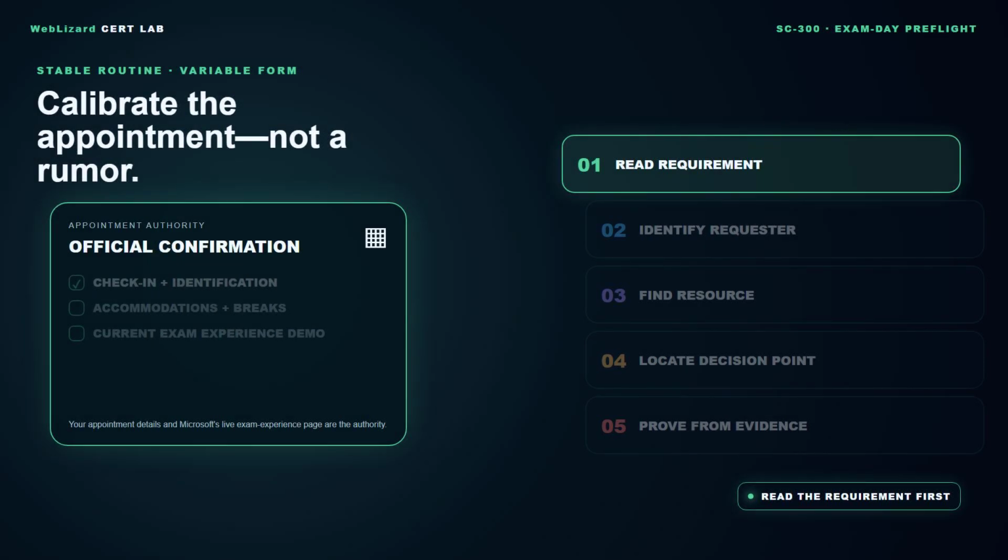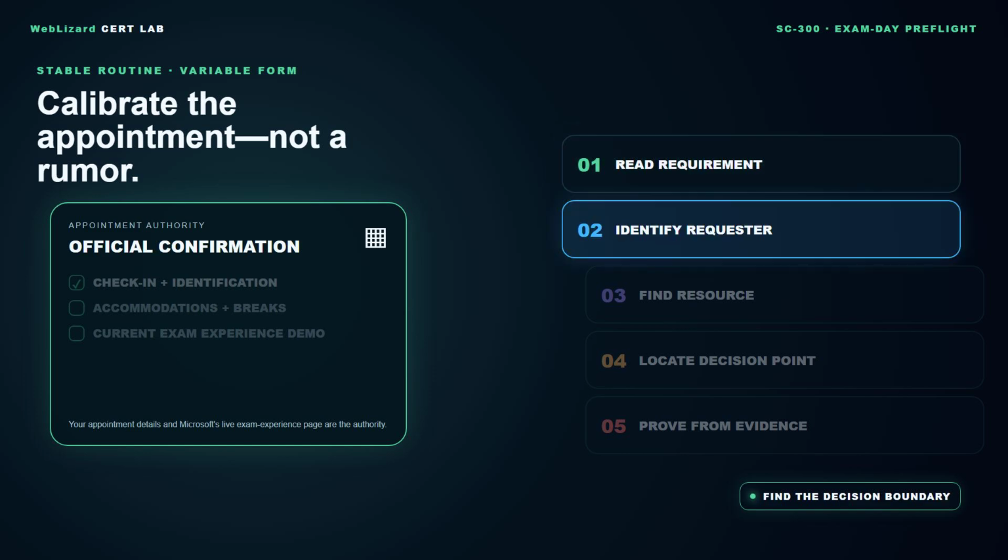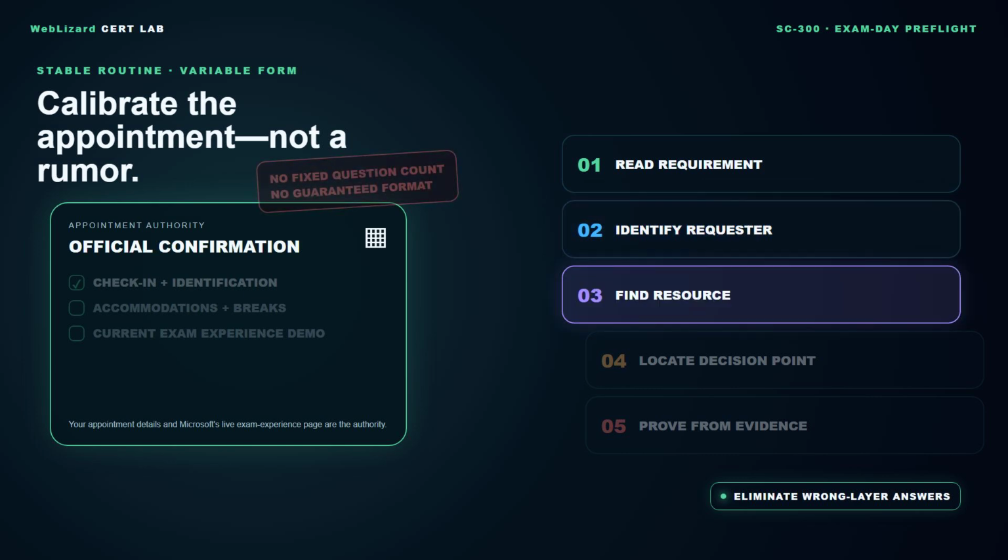On exam day, read the requirement before the product names. Identify the requester, resource, direct decision point, and evidence. Then eliminate answers that operate at the wrong boundary. Do not build your strategy around a rumored question count, guaranteed format, or memorized duration.